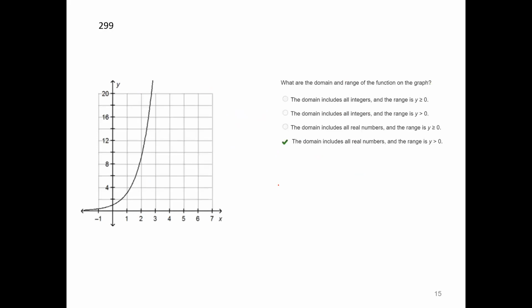299. Go ahead and read the question and highlight the important information there, you guys.